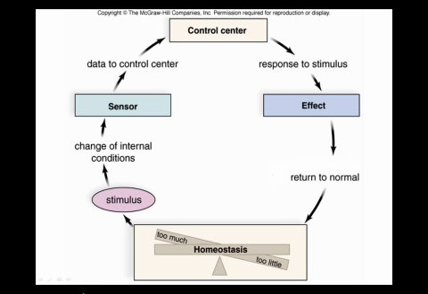So that is depicted here in this diagram. Some condition is being monitored down at the bottom. If we have some change in this, that is detected by the sensor, sends information to the control center. Eventually the effector can oppose that, so return to the normal physiological range.